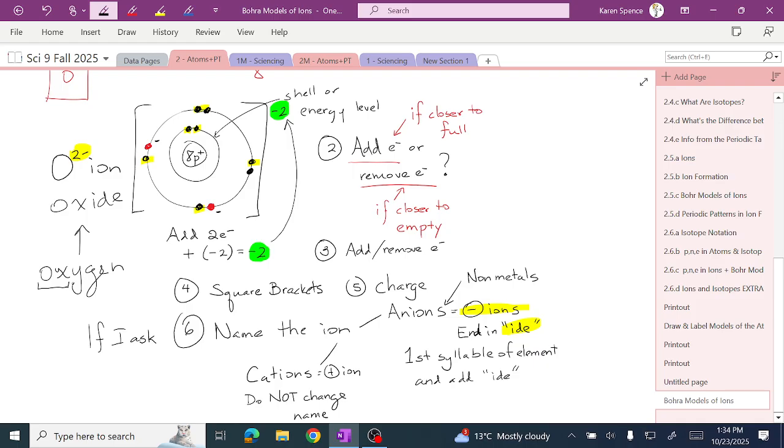Okay, yeah, but that was an excellent question. Metalloids fall in that category of where they usually share their electrons. So we don't really have them being ions. Same thing actually with carbon. Carbon has 4 electrons. Is that closer to full or to empty?